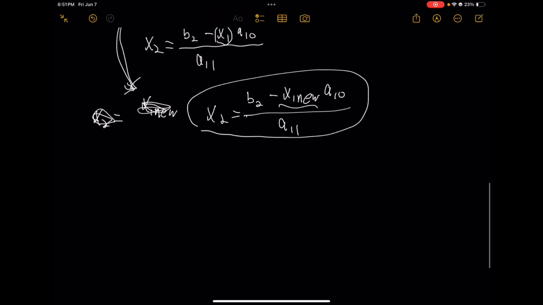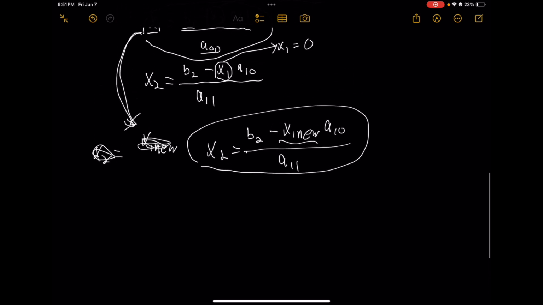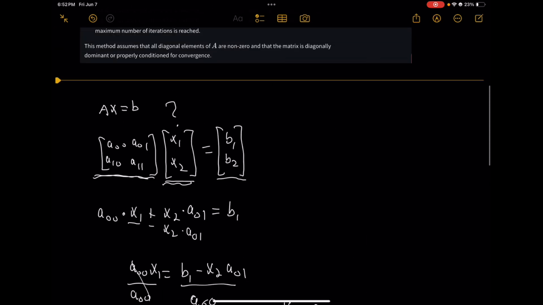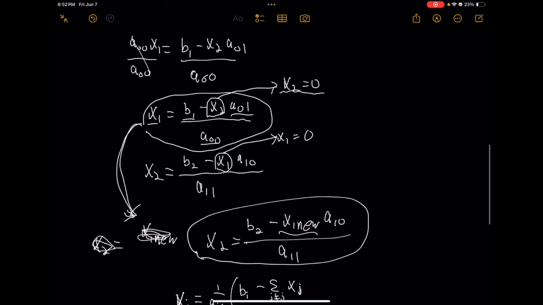Theoretically this would be the full equation for a 2x2 matrix, but we want to be able to do it for any size. So this would be x of i equals 1 over a of i,i times b sub i minus the sum where i does not equal j of a of i,j times x of j.